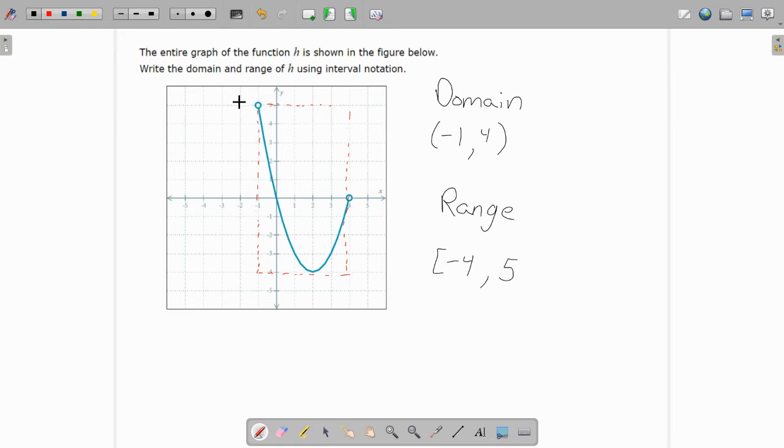But the top piece at 5 has an open circle. So what do we use? We use a parenthesis. Part of a line is considered a bracket. All these little dots on the line are included. That was number 2.